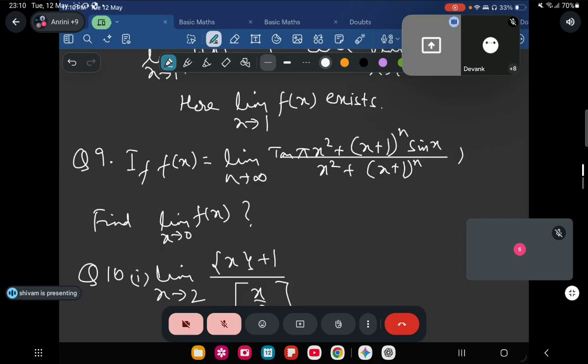Okay, question number 10, part 2. Limit x tends to 0, e to the power x minus 1 minus x upon x square. Quickly solve everyone. These are the last two problems.